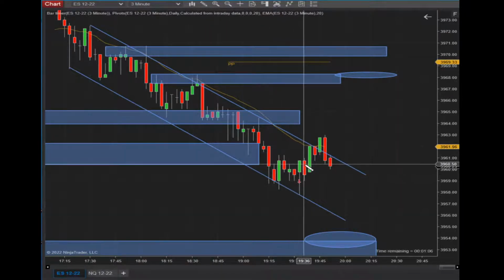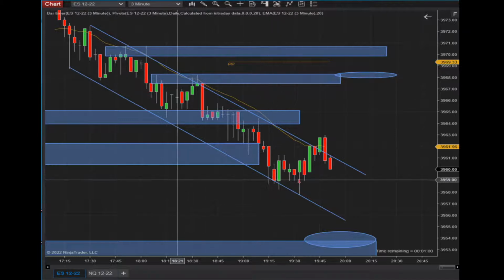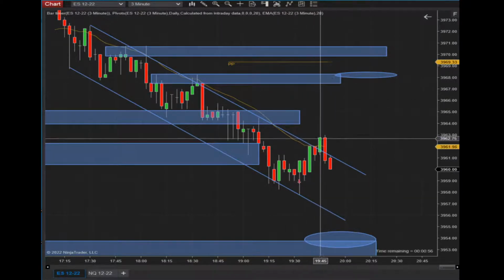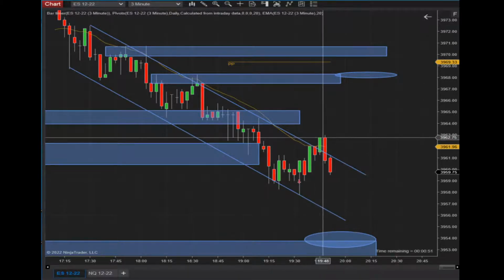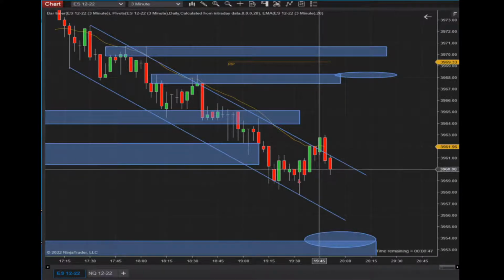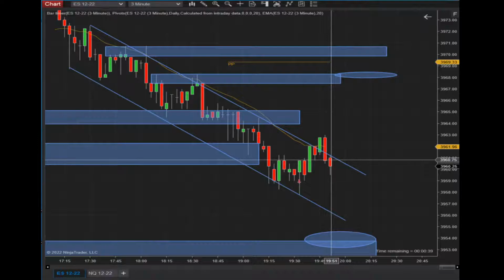Yeah, there's no continuation. So it did a little bit of a fake out up and out of this channel. It just depends where it's going to go now.